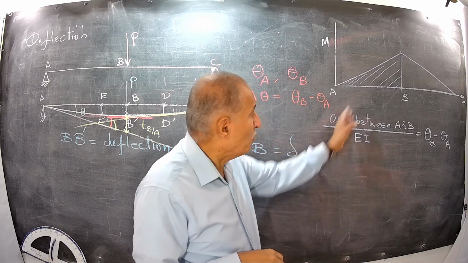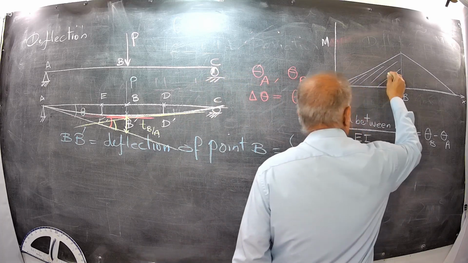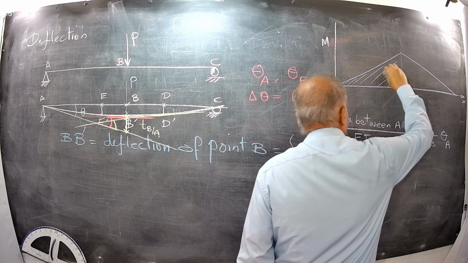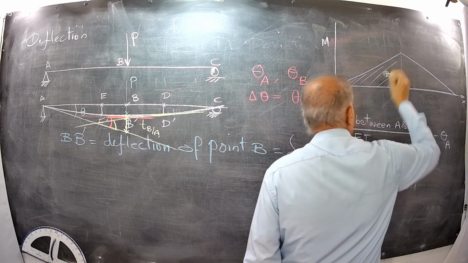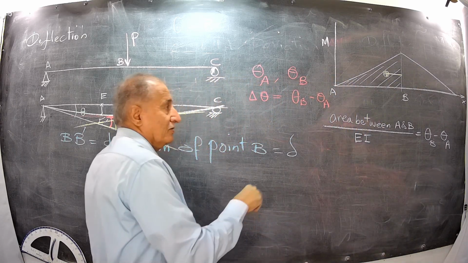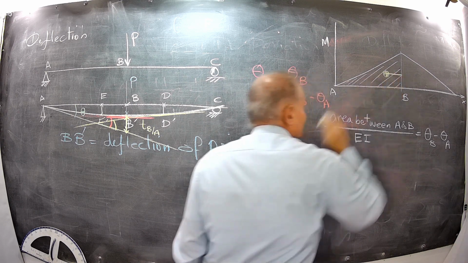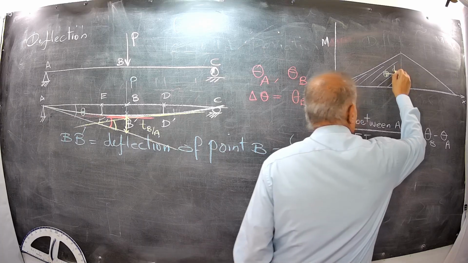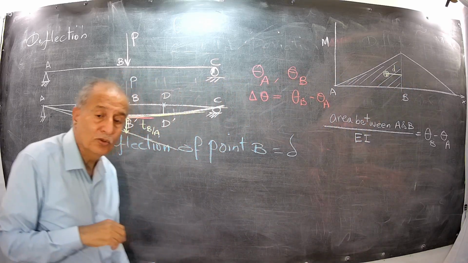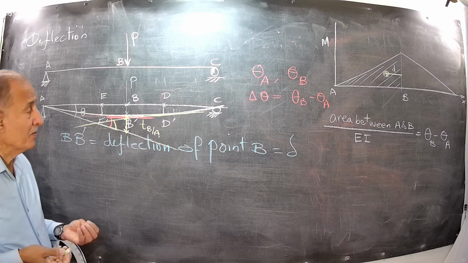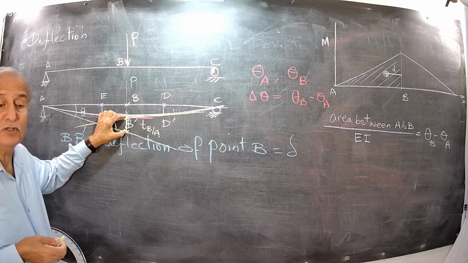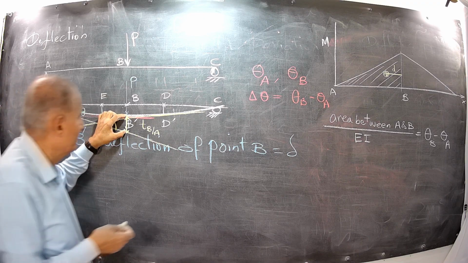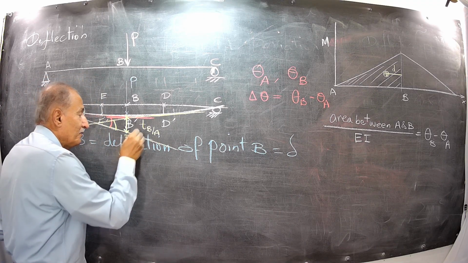If you take moment of this area, there is a centroid here. Take moment with respect to B, this distance. This area times this distance, divided by EI, is equal to the amount of these deviations. We call it B double prime.